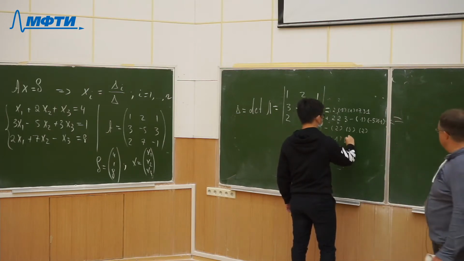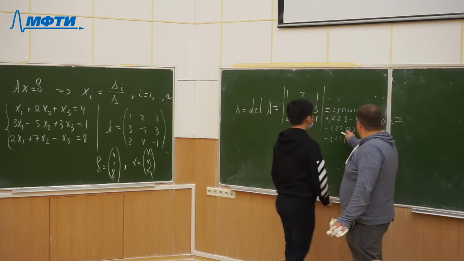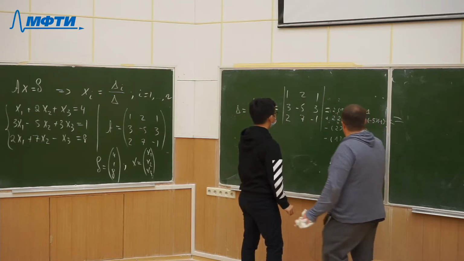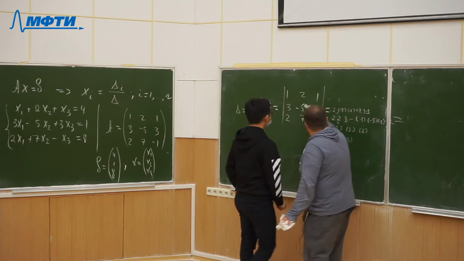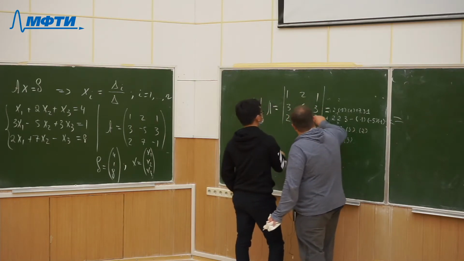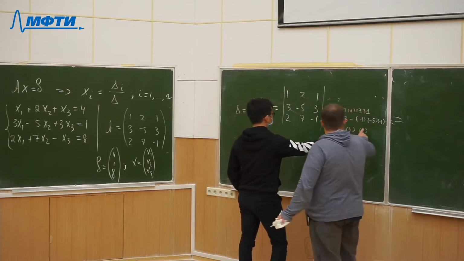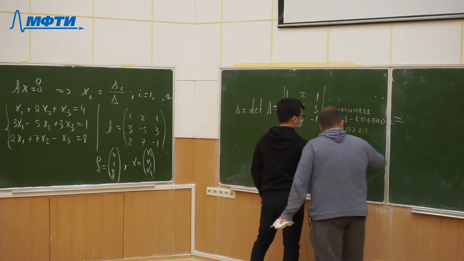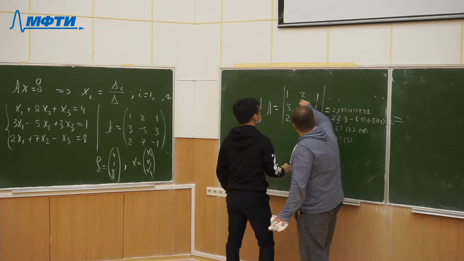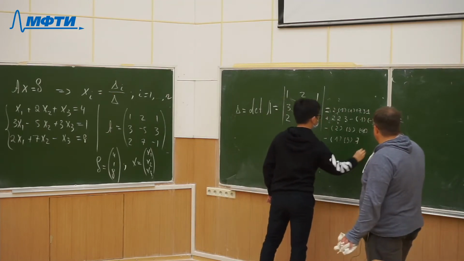So minus, let's check, minus 2, 3, it's right. Next, 3, 2, minus 1. Okay. Minus 1 and minus this. 1, 3, 7. And calculate, please.